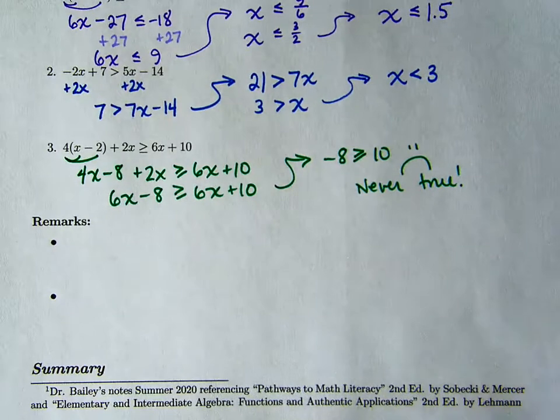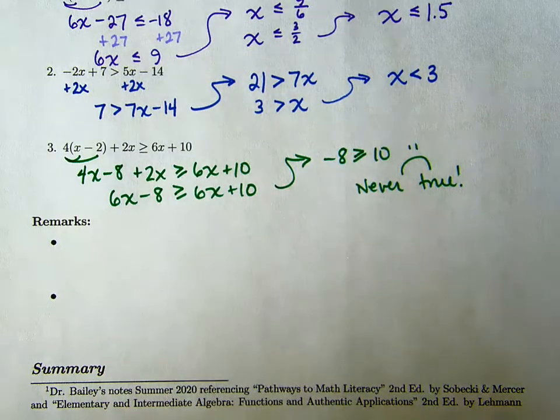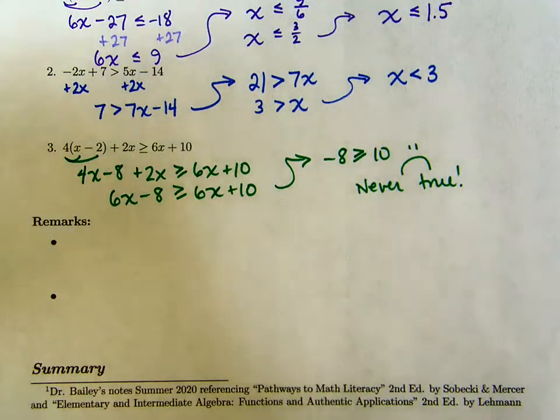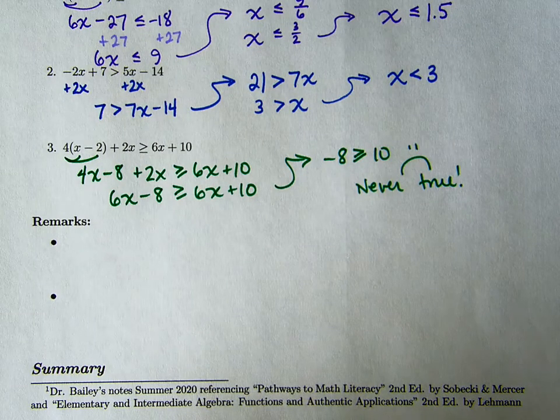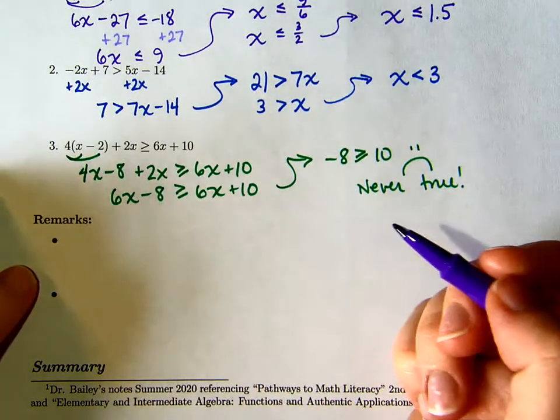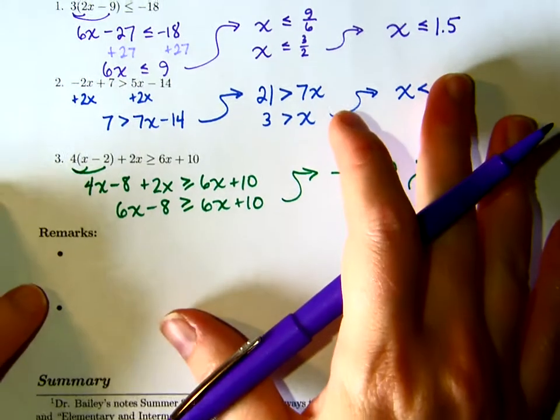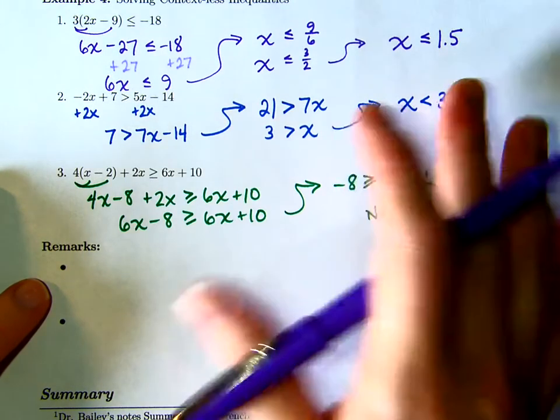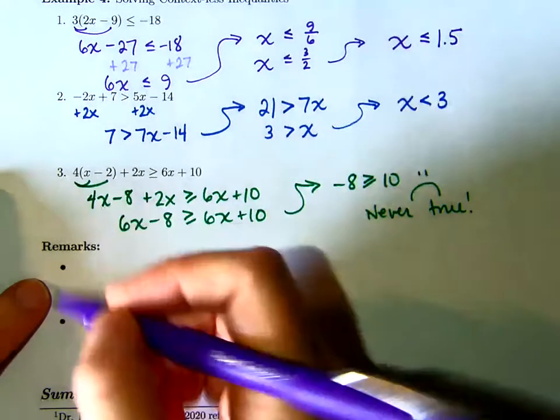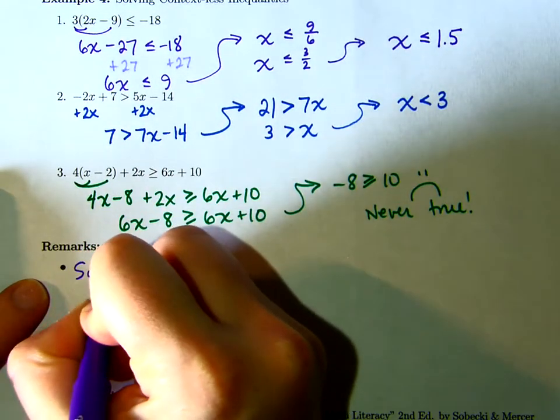So a couple of quick remarks as we package all of this together. Solving inequalities is very similar to solving equations. The steps are very similar. There's only one little snafu.